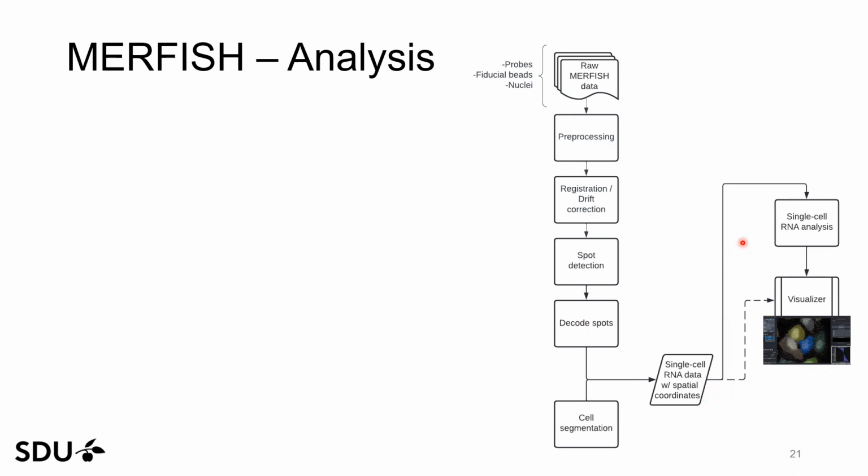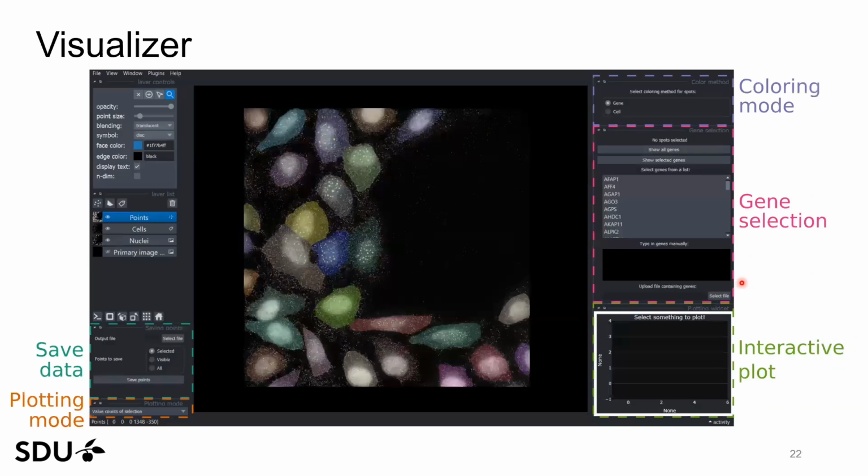That might be a talk for another time, but we can also choose to put it into a tool so we can visualize what is going on inside our samples and really exploit this three-dimensional component of our data.